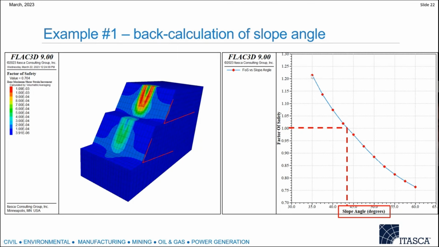So we have a curve like this. A factor of safety equal to 1 corresponds to a slope angle, I think, close to 43 degrees. So we now know that the slope angle should not be greater than 43 degrees, otherwise the factor of safety will be less than 1.